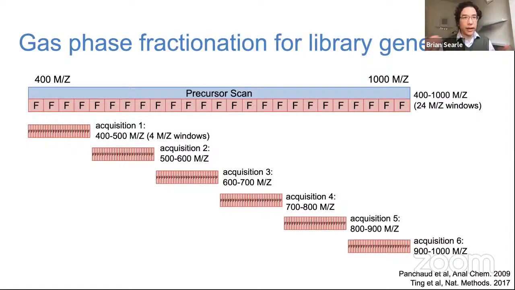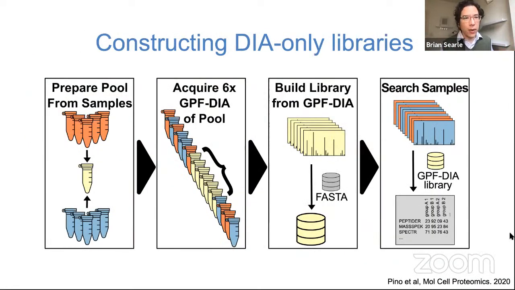And this is the new workflow that we've been using, where we take samples that we acquire from our different pools. So we're taking a pool of this yellow sample from our blue samples and our orange samples. We're injecting that yellow sample 6 times using gas phase fractionation.